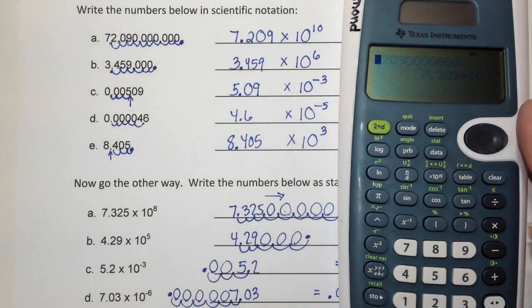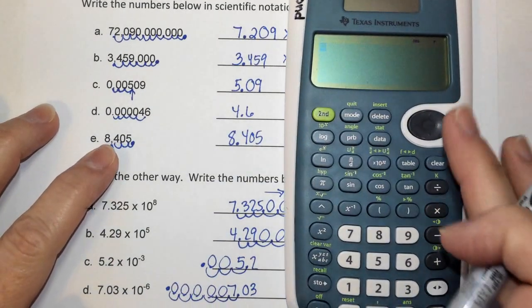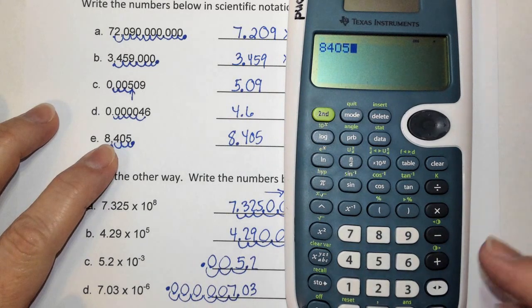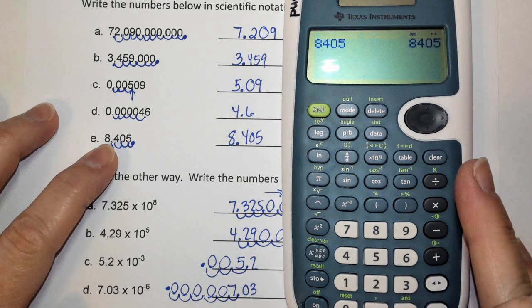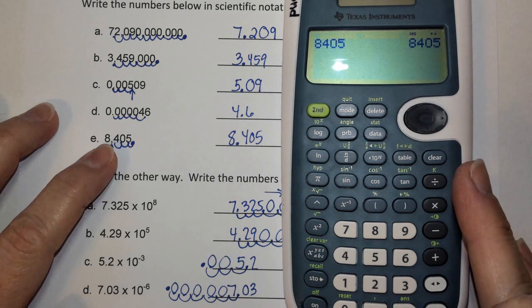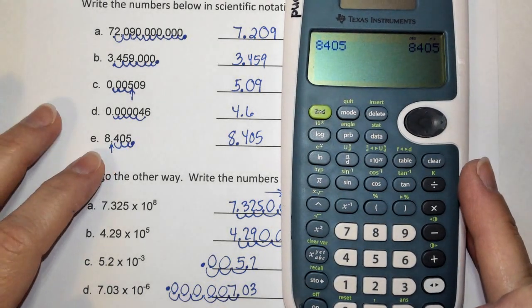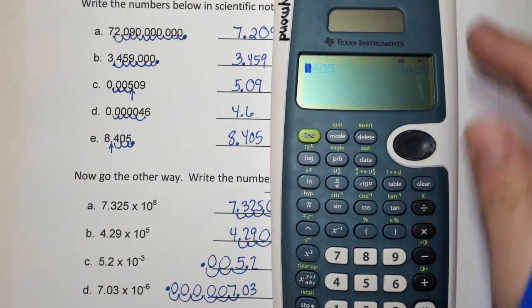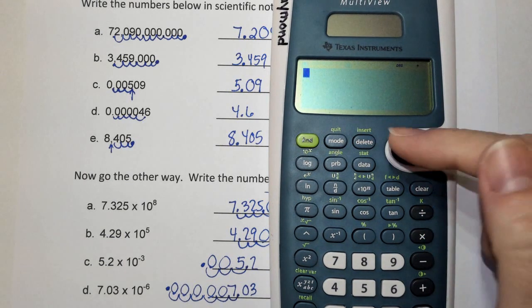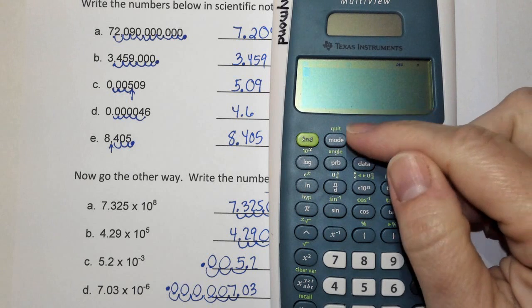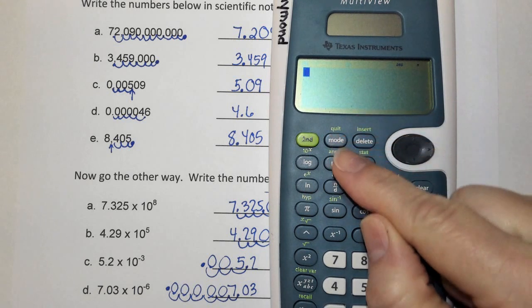However, look at this one here. Look at 8,405. If we follow the same procedure as before, I hit enter, your calculator says, yeah, I'm okay with 8,405. It's not too big. So I'm going to show you a special little button here, and some of you might remember this, might make it a little bit easier on the GED. Go up to mode, which is right there.